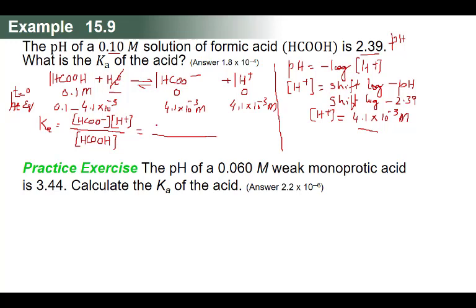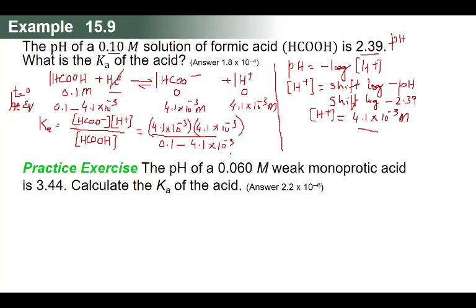So this is 4.1 power minus 3, hydrogen ion is also 4.1 power minus 3. You can also write the square here. So 4.1 times 10 raised to the power minus 3, both are the same. And this will be 0.1 minus 4.1 times 10 raised to the power minus 3.